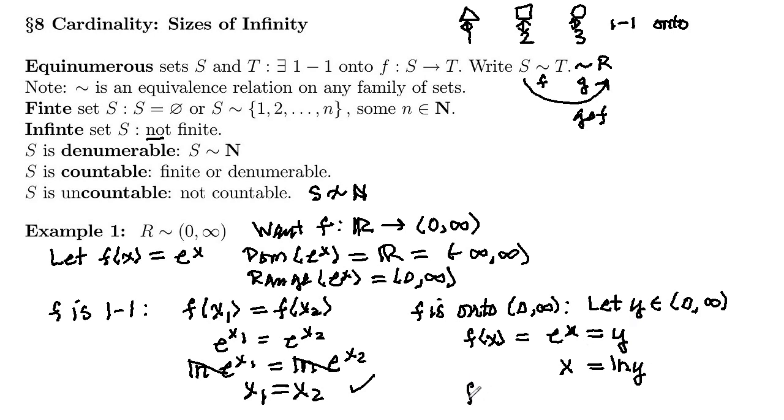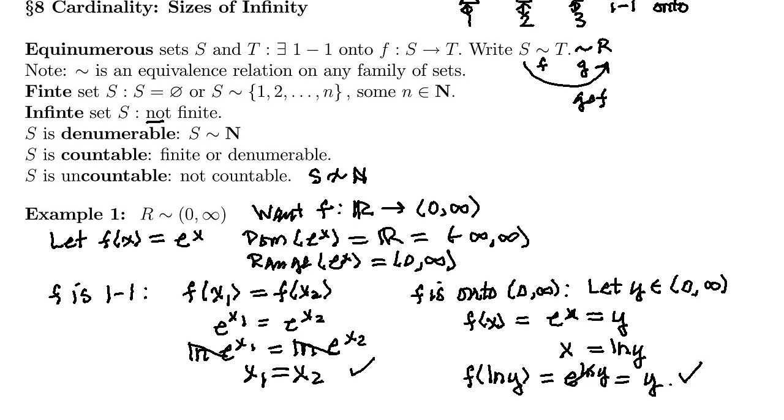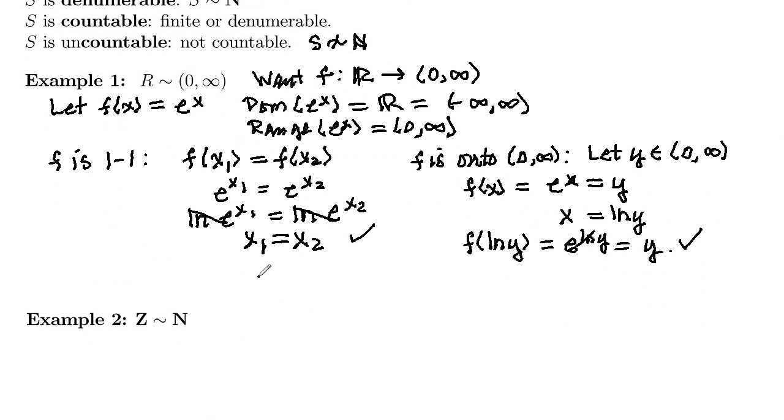So in other words, f of natural log of y is, well, f takes what you put in and exponentiates it. So we're doing e to the natural log of y, and that's the cancellation law in the other order, and that gives you y. Okay, so therefore it's onto. So 1 to 1 and onto, we conclude here then, therefore the real numbers are equinumerous with the positive reals.